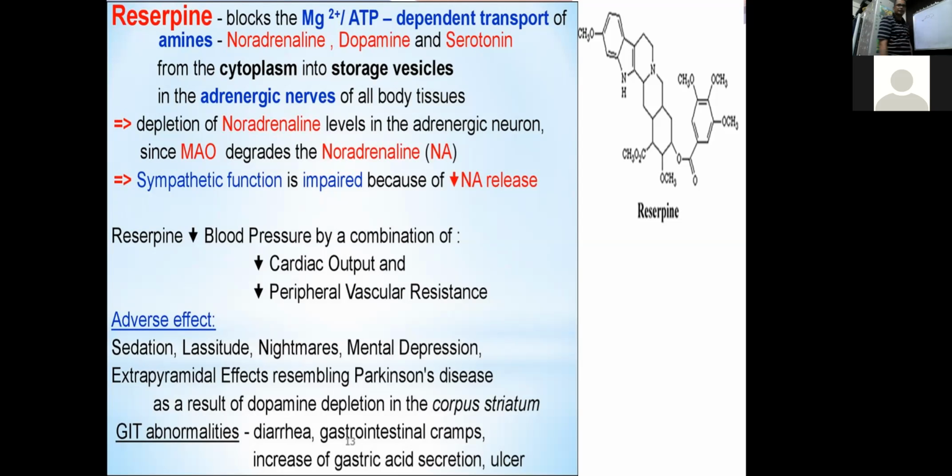Now this is fused with a piperidine, a saturated pyridine.